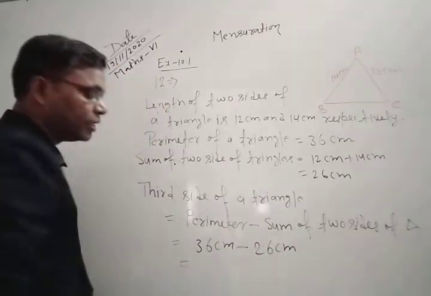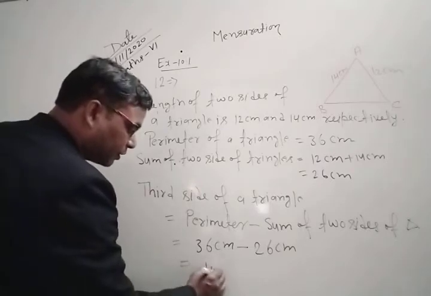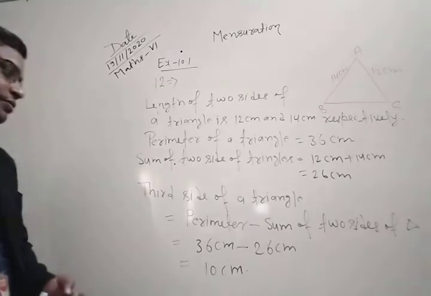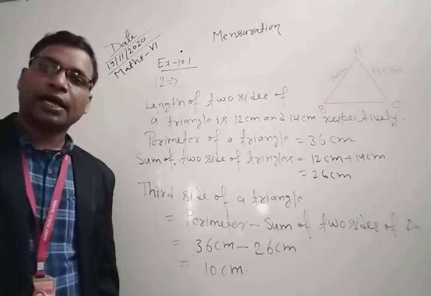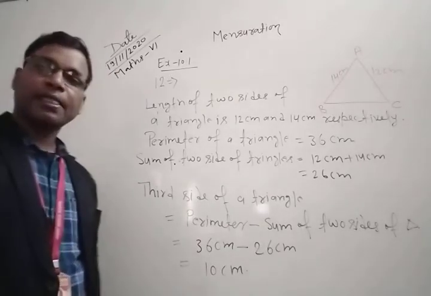When you subtract 26 from 36, then we obtain 10 centimeters. So in this way you can see, when two sides of the triangle are given and also its perimeter is given, then you can find the third side of this triangle.